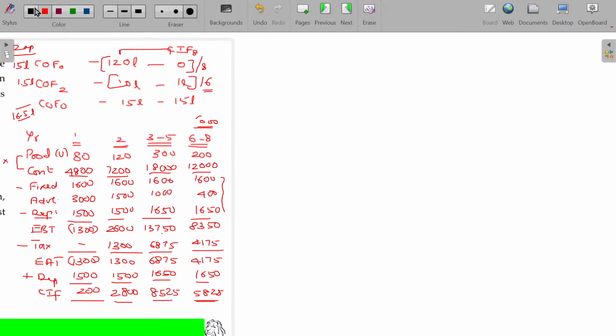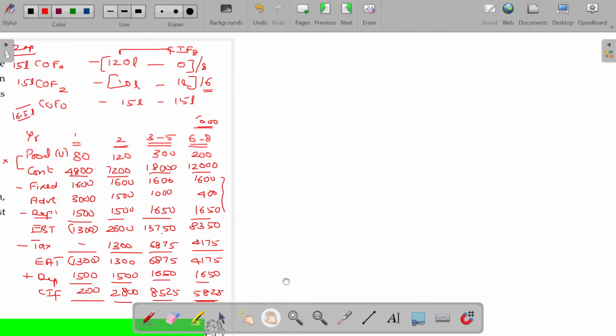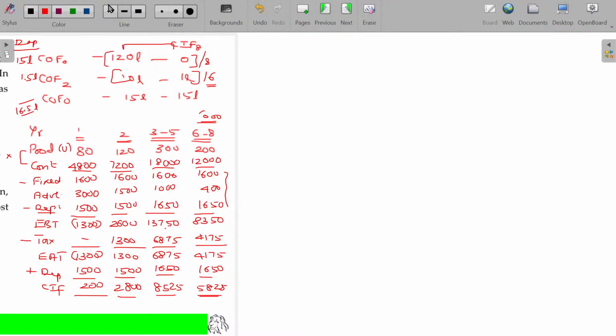Now, NPV calculation. Year 1, 2, 3, 4, 5, 6, 7, 8. Eight years are there. Find out the cash inflow. Cash inflow in the very first year being 200,000. Second year 2,800. Year 3 to 5, 85.25 each.